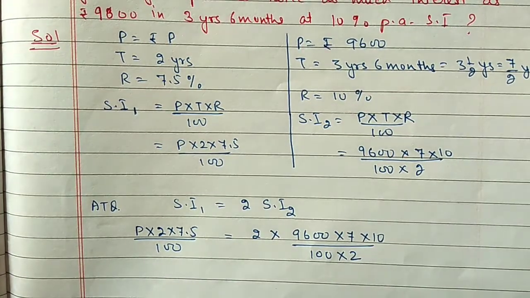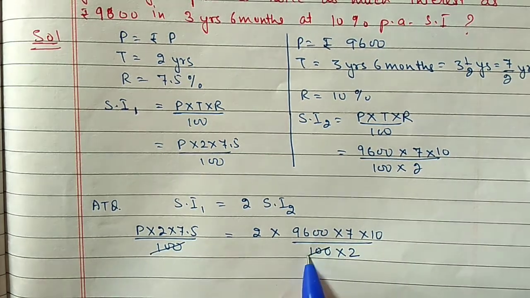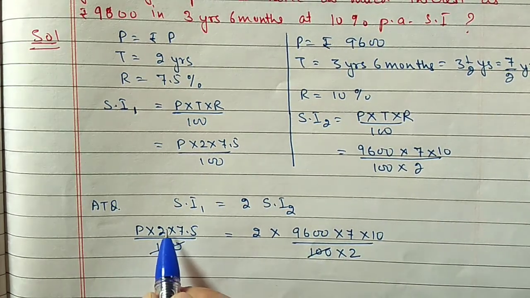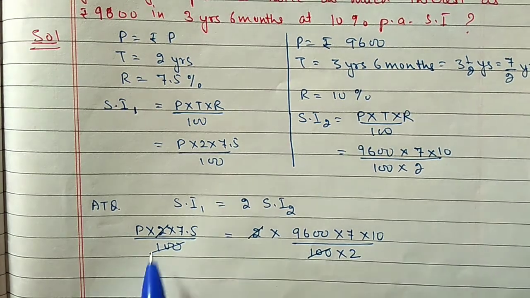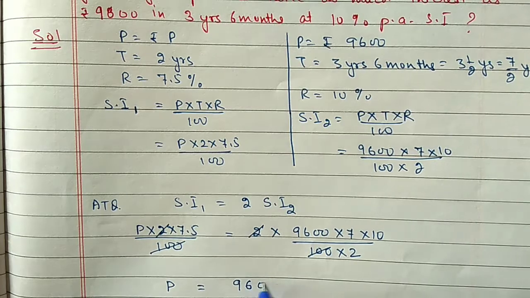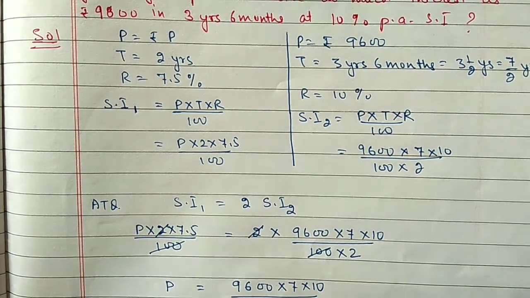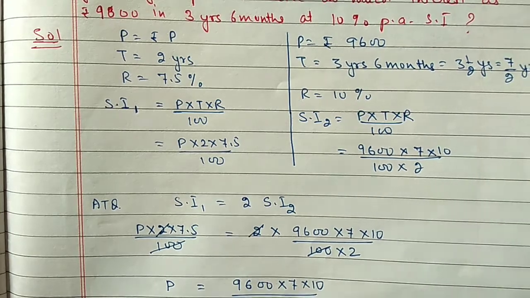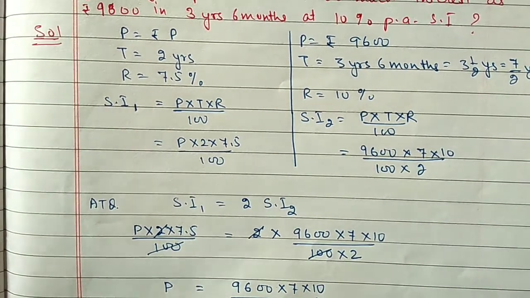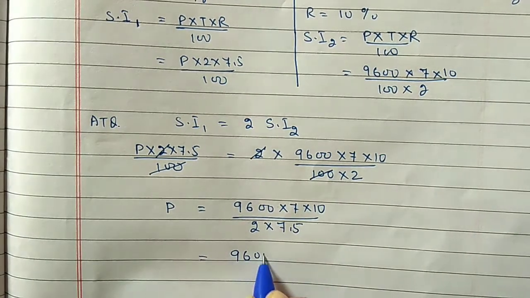So common terms we will cancel out from both sides. This 100 is there on both sides, we can cancel out. 2 also we can cancel out. Now 7.5 we can shift to the other side. So 9600 into 7 into 10 by 2, and this 7.5 also will come in the denominator. So remove the decimal and do the cancellation.